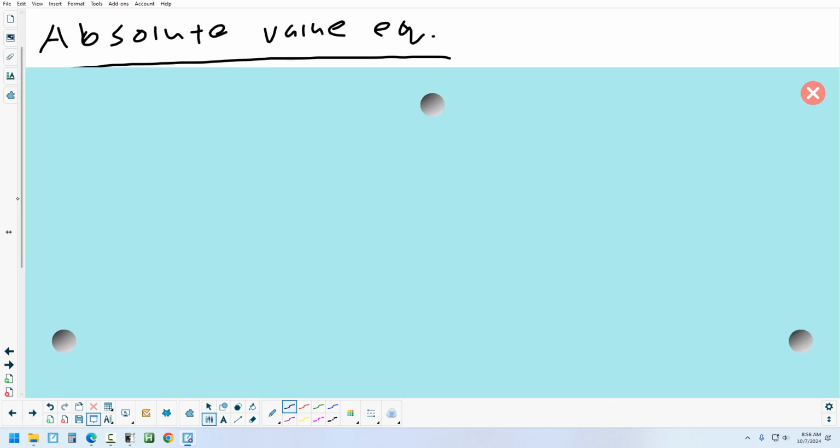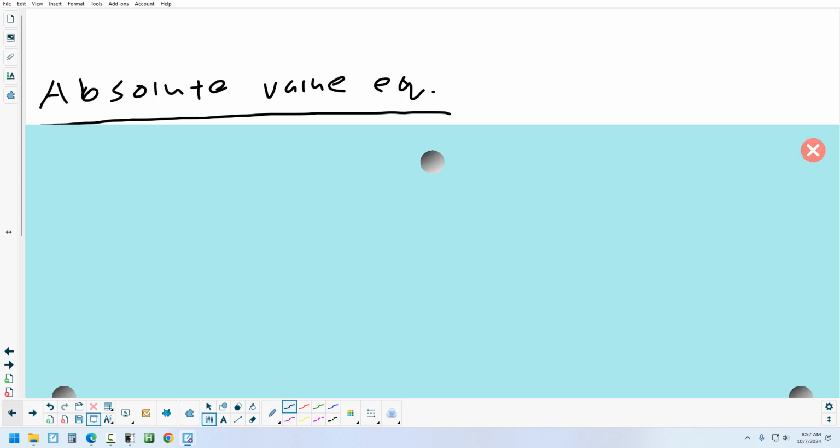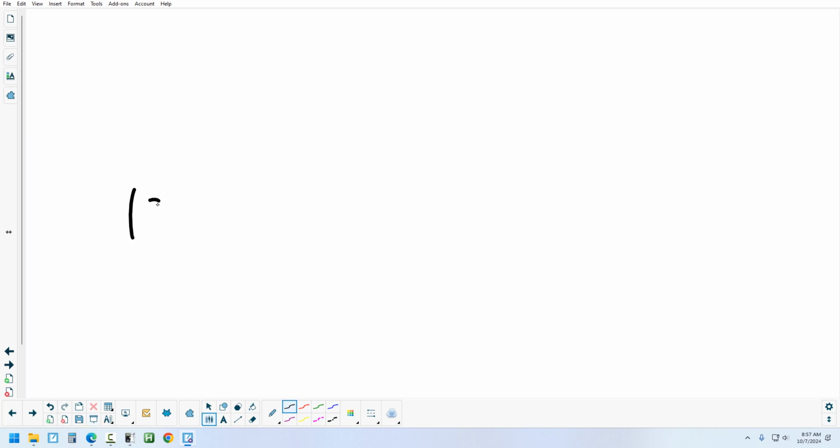Now, let's take a look at solving an absolute value equation. An absolute value equation is going to look, let me show you an example, something like this. It's very, very similar to what we did before, but we're going to have to split this into two problems.